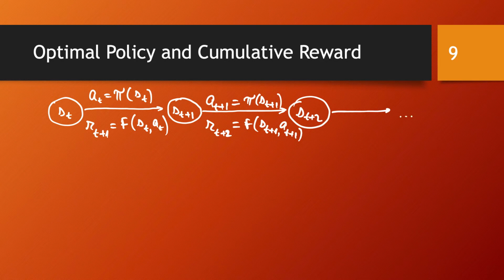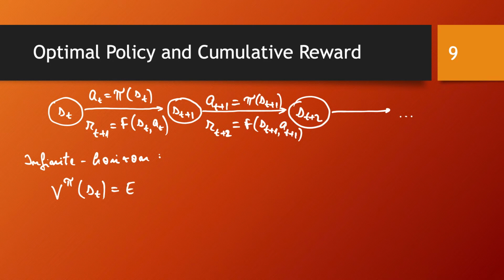And this continues indefinitely in the same way. So we are talking here about the so-called infinite horizon model, where this computation continues in principle indefinitely. In this model, the way to think about this cumulative reward is like this. You say that the value associated to policy pi starting from state s_t is simply the following.